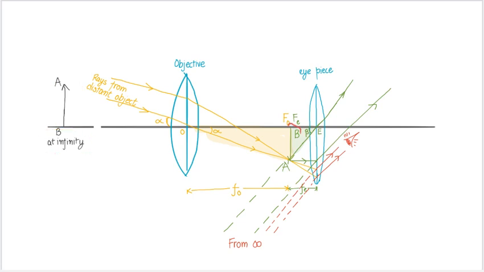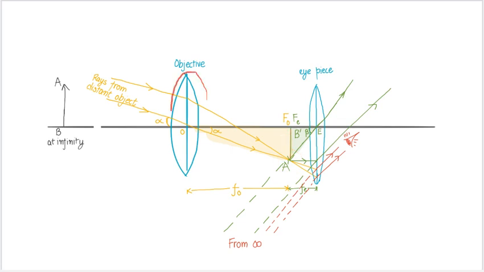The image formed is small compared to your object, so it is diminished. Apart from being diminished, it is inverted, and you can see the rays are actually intersecting, so this is a real image.